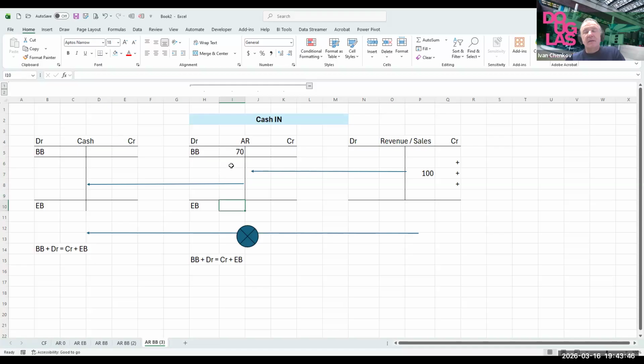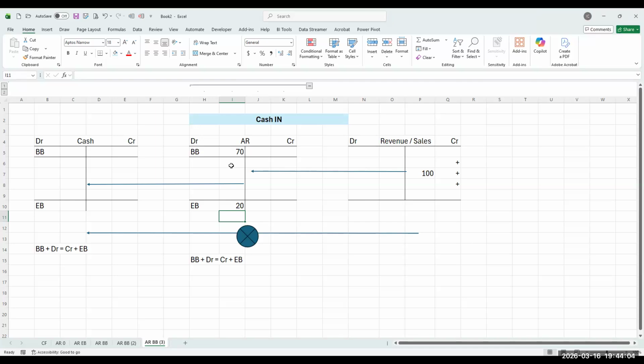At the end of the period, I have an ending balance of 20. How much cash have I collected? 150.